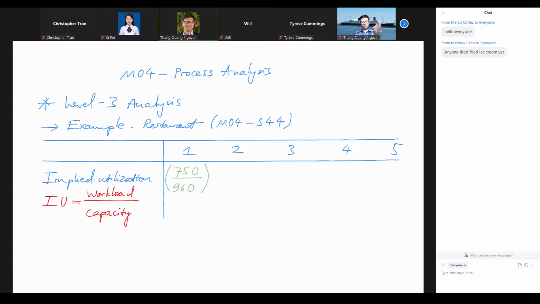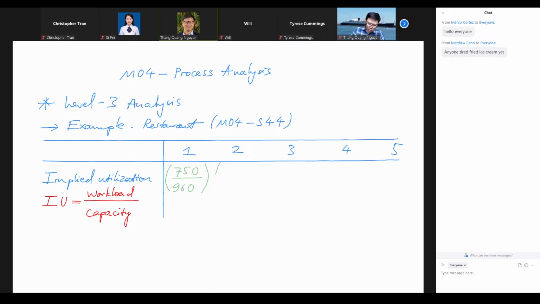Remember, there are 2 workers at station number 1. So those 2 can work for 960 minutes per day. And then based on the demands of the ice cream and burgers and fries, we calculate the required minutes of work at 1 is 750, right? So we take demand or workload divided by the capacity. So that's the first station.